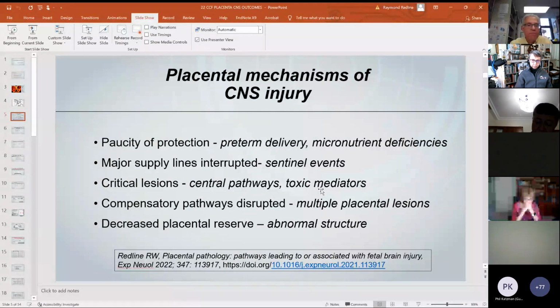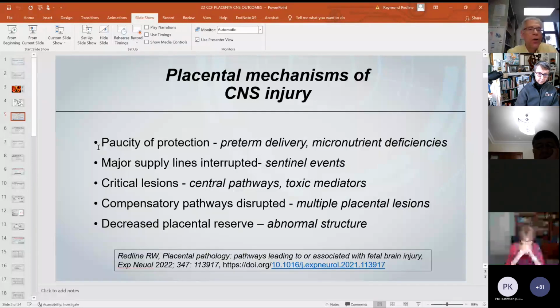There are several main mechanisms of CNS injury. These I discuss in more detail in a review that appeared, I guess this year, in Experimental Neurology. If you want to read more about this, this is the reference. An old mechanism has been called paucity of protection.